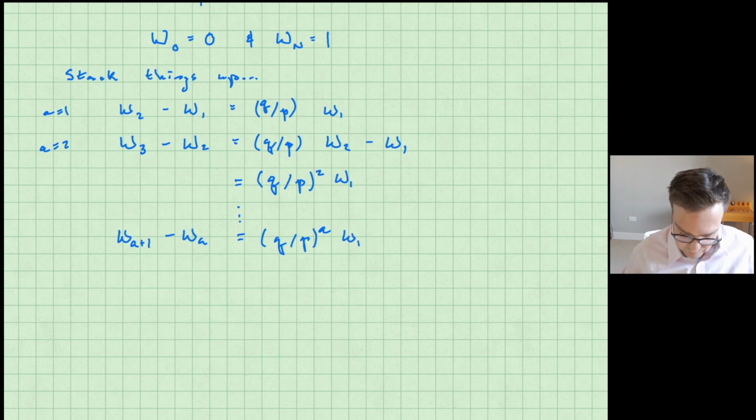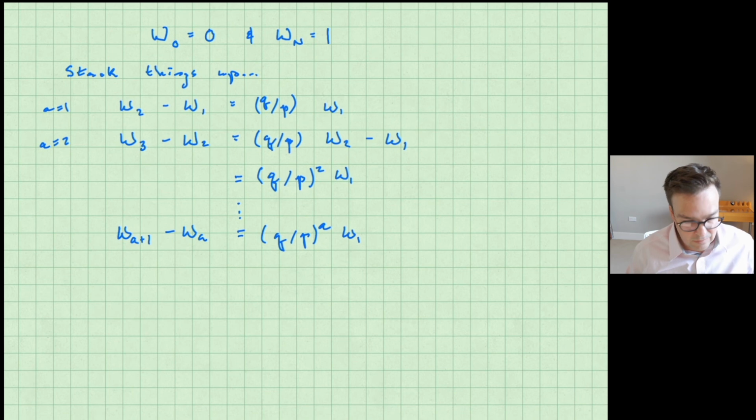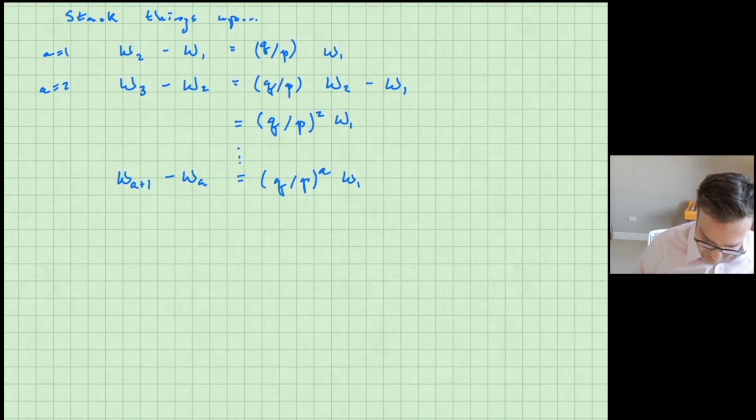So if you look at this, it's 3, 2, 1, and the power is the 2. That's like the 3, that's like the 2, which shows up as the power, and that's like the 1. Hope that's clear. Okay, so we make that stack.